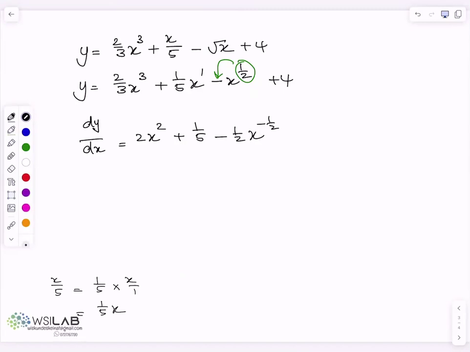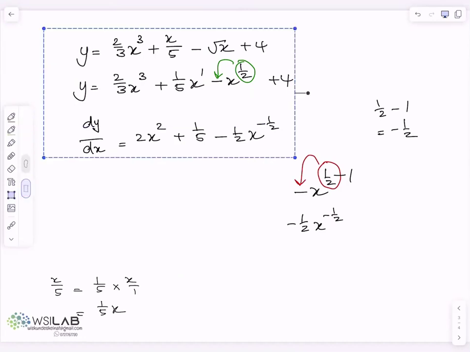So I had negative x to the power of a half. I take that exponent, I multiply it with a negative 1 in front. Then I get negative half. And then I subtract 1 from a half. A half minus 1 is minus a half. Okay. Happy with that? Yeah.